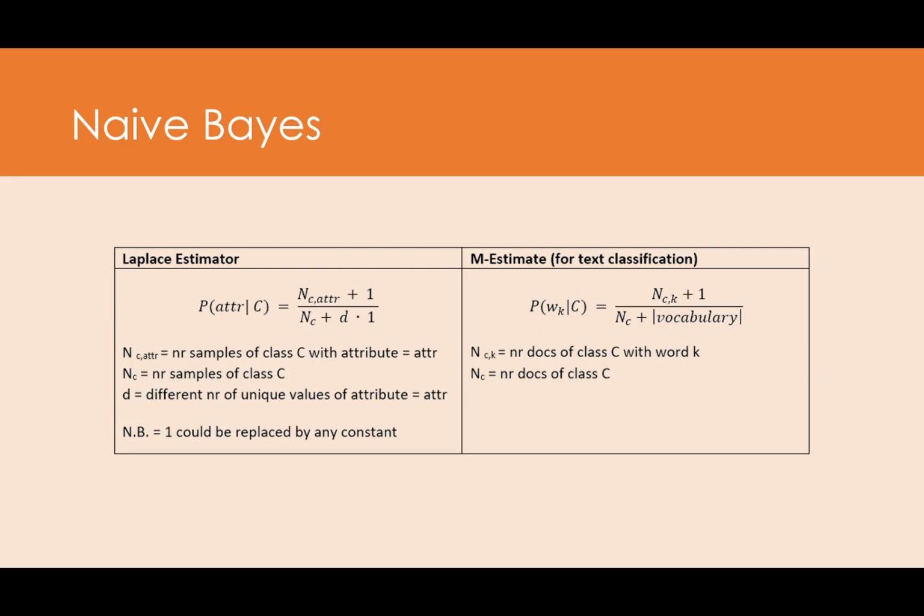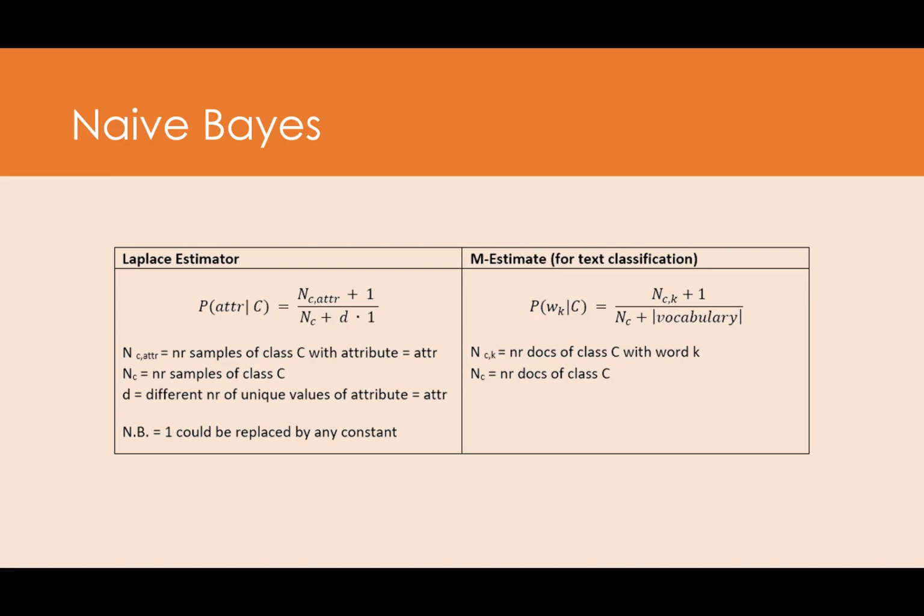D is the number of different unique values of that attribute. So if in that attribute you have 3 different unique values, you have to add 1 at the numerator and 3 at the denominator.